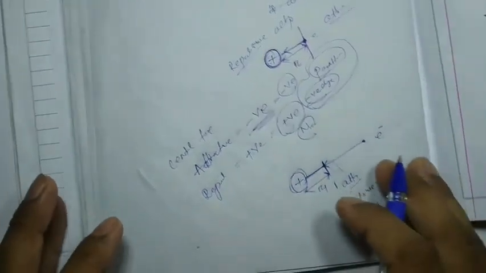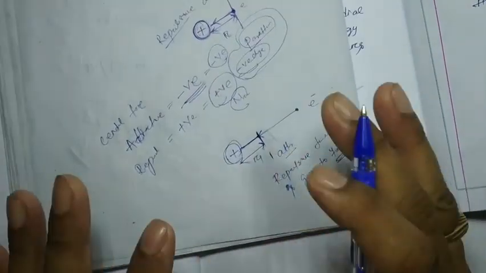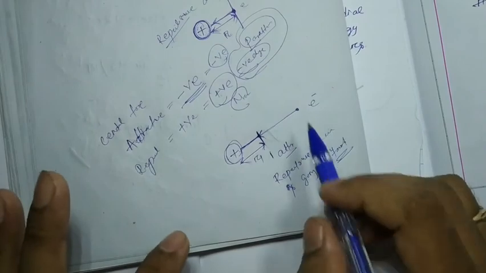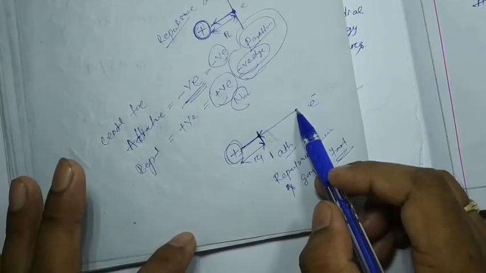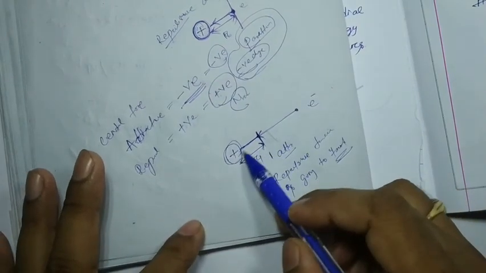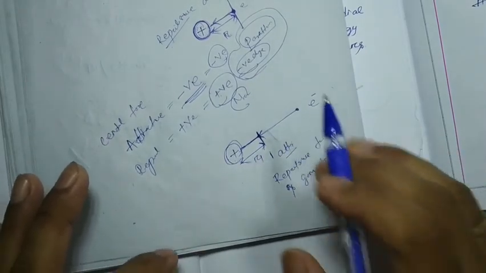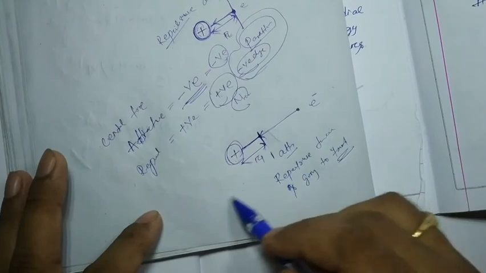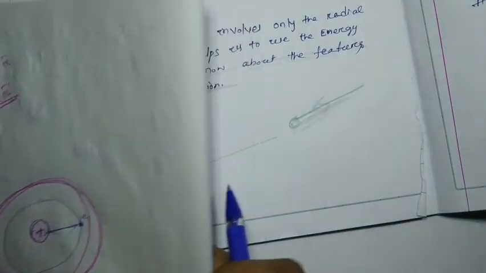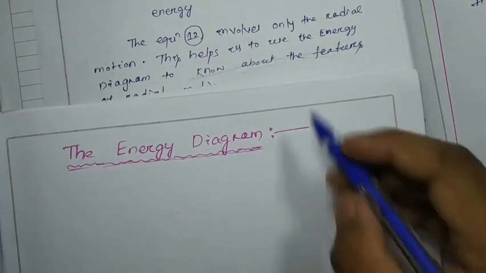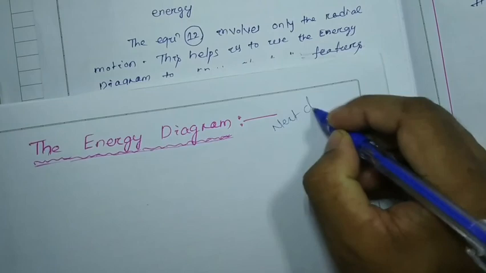So you just keep in mind this simple dynamics, how the electron is attracted up to a certain distance, then repelled by the nucleus. Keep this model in your mind. This model is going to help us understand the energy diagram, which we are going to discuss in our next class.